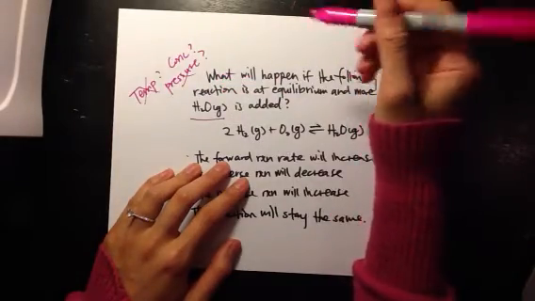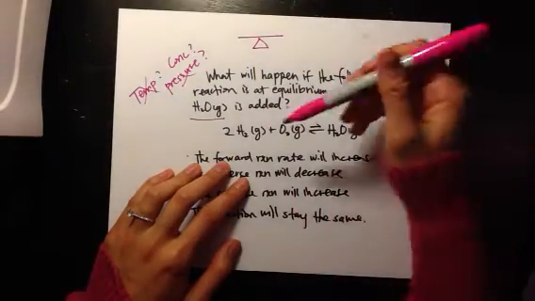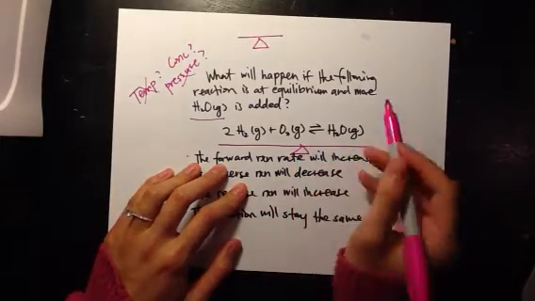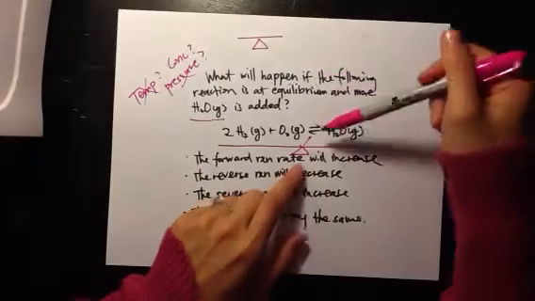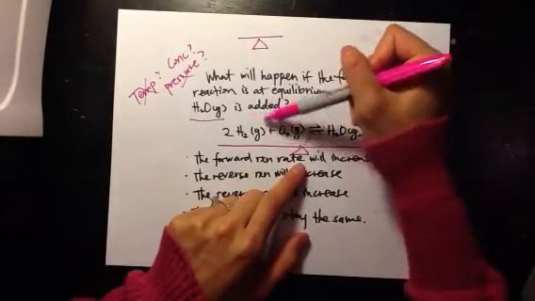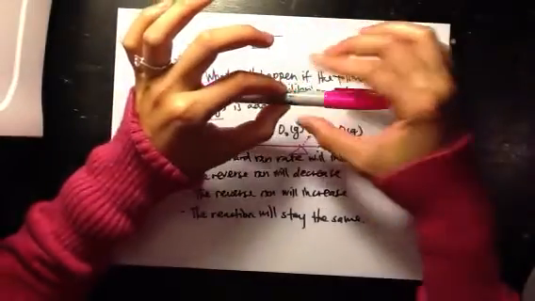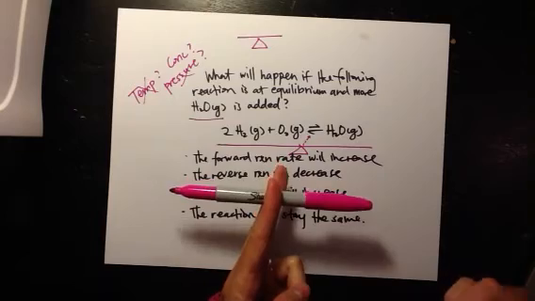Okay, so if we're doing concentration, we have to think of the seesaw. All right. So here's how you use the seesaw. Actually, this should be more aligned here. Basically, your seesaw is here. Your reactants are on this side. Your products are on this side. Now, you start off at a nice balance. If you add more H2O, where's H2O?